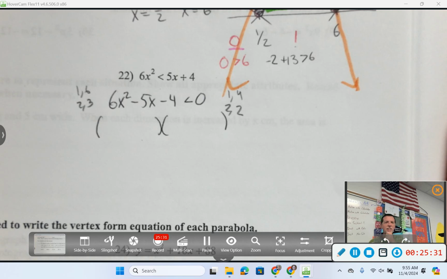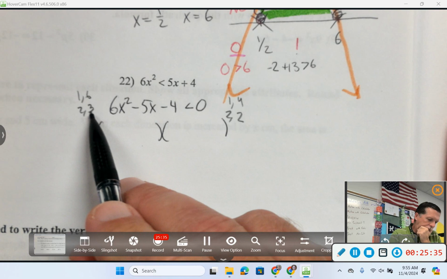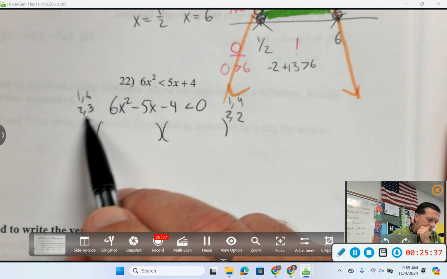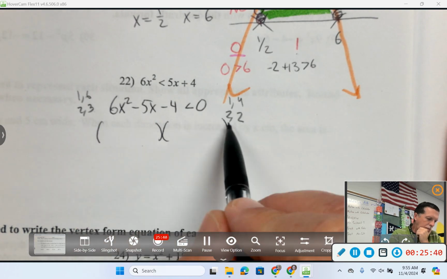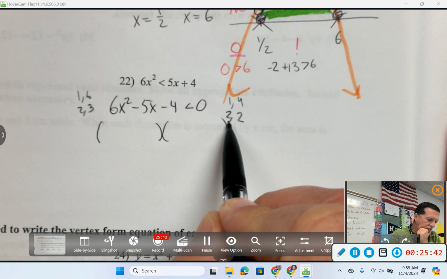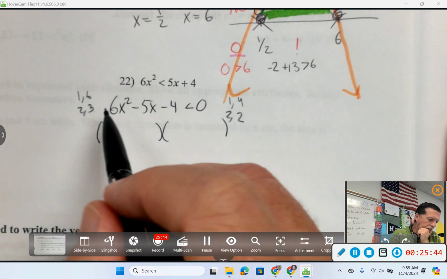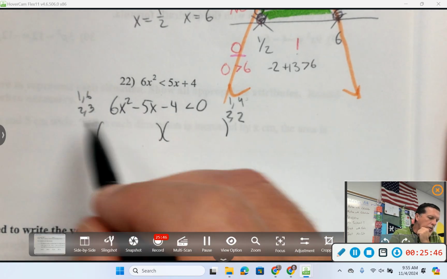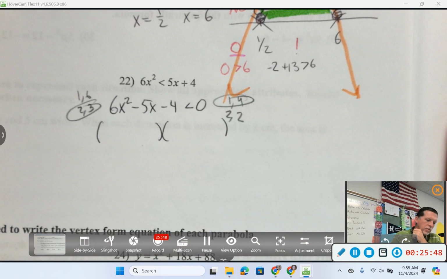Different signs, and they need to combine to make 5. So 3 times 2 is 6. No, it's not going to work. 4 times 2 is 8. And 2 times 1... No, 4 times 2 is 8. 3 times 1 is 3.